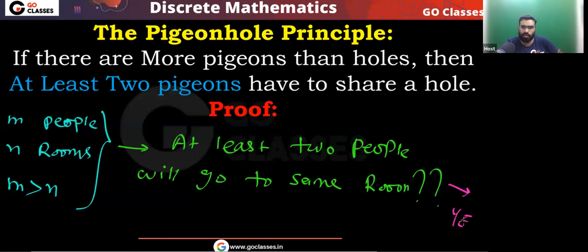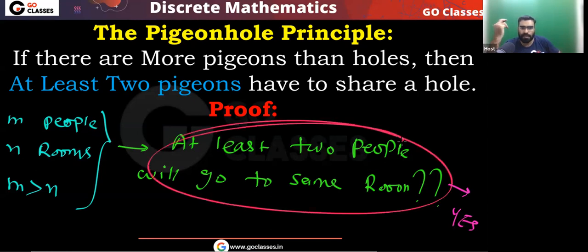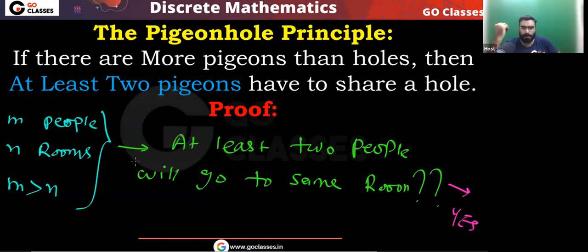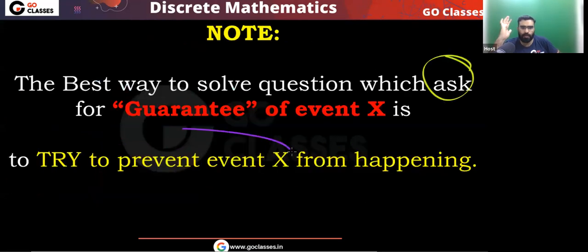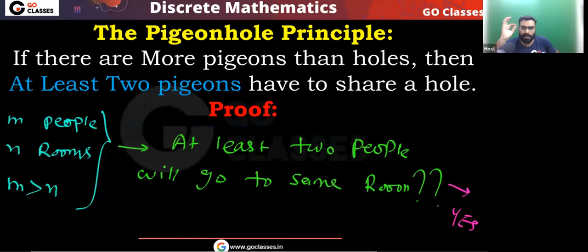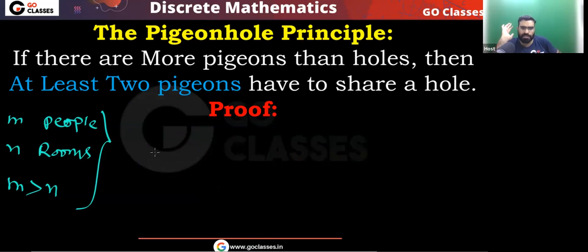The answer is yes, but how can you prove it? How can you stop this from happening? You don't want this to happen, so how can you prevent it? Make sure that in any room, at most one person goes.